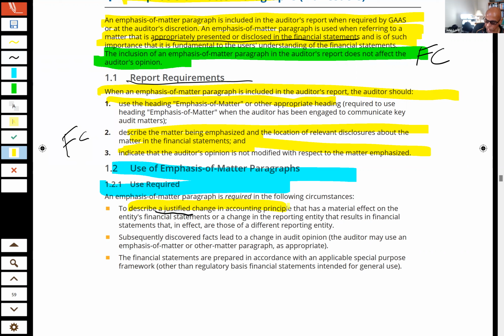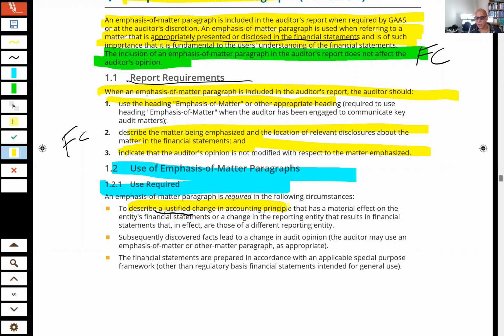Okay, now the reason I underscore the word justified is we're going to look a little bit later and see that in order for an entity to be justified in changing their accounting principles, they're going to have to meet certain requirements. And if they don't, then we would have to issue what? A qualified opinion, or maybe adverse if the problem is more pervasive, because if they aren't justified in making a change in accounting principle, that's a GAAP problem, okay?